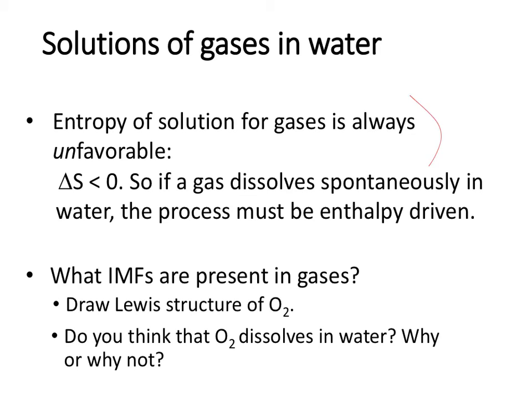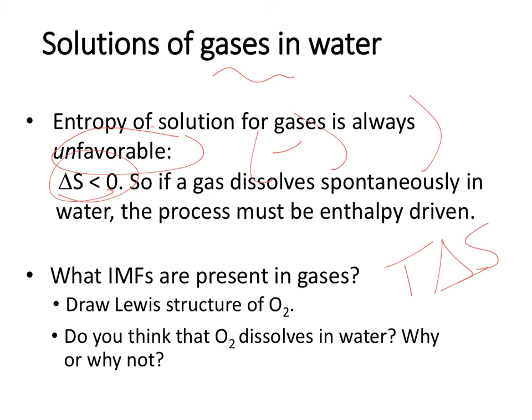And the primary reason for that is the entropy of solution for gases is always unfavorable. Whereas for dissolving ionic compounds, sometimes entropy is favorable, sometimes it's unfavorable, for gases, it's always unfavorable. Delta S of solution for a gas is always negative. Because of that, when we increase temperature, what does temperature do?